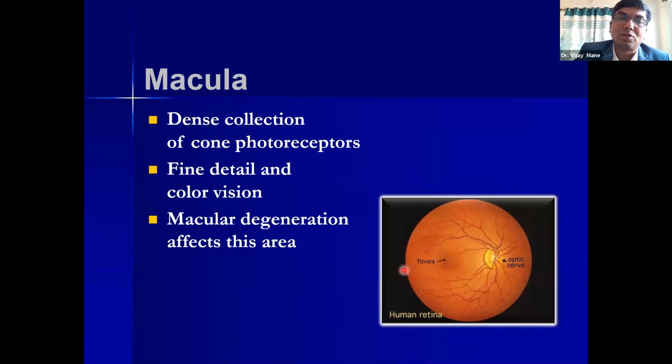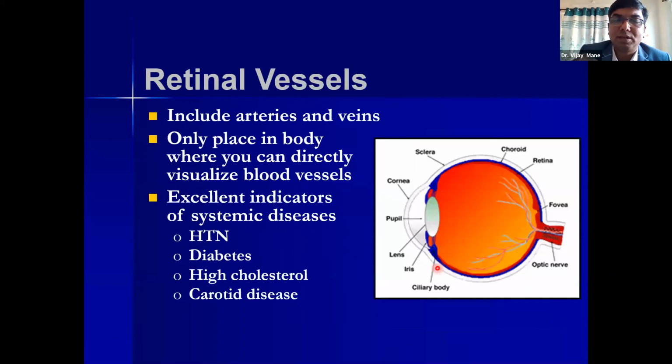There are diseases called macular degeneration. That is basically the problem related to this fovea and its surrounding region, the macula. Right, so the macula is another important part of your eye, which leads to certain diseases.